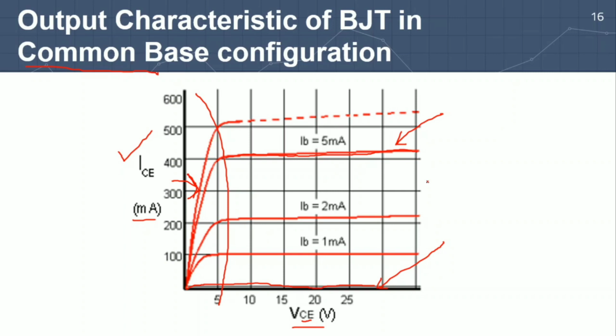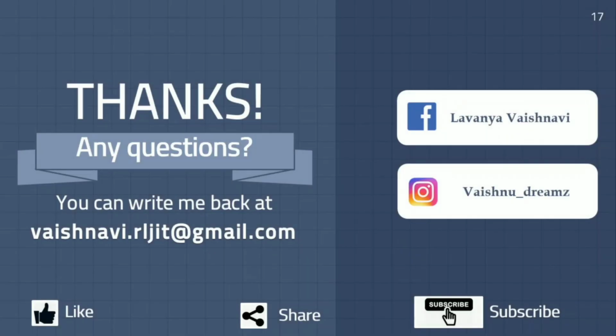So the BJT can operate in three different regions: cutoff region, saturation region, and linear region or active region. These are the three different operating regions of BJT.